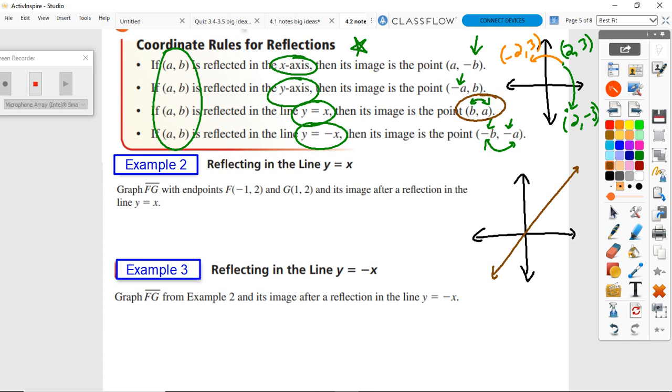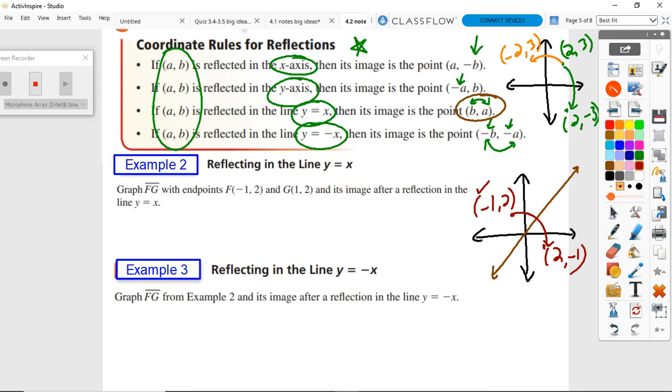It's pretty simple when we do it. For instance, in this example, if I have (negative 1, 2), it's going to get reflected across the line y equals x to be (2, negative 1). So negative 1, 2 would turn into 2, negative 1. That's all we have to do. We don't even have to graph it.